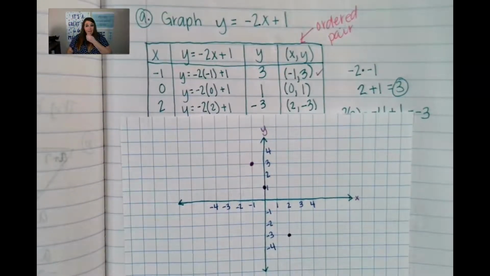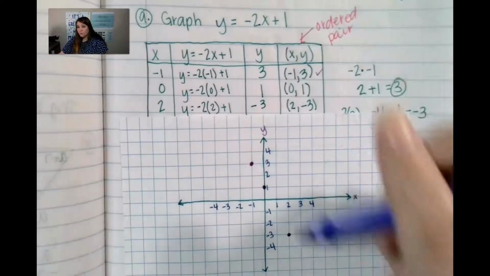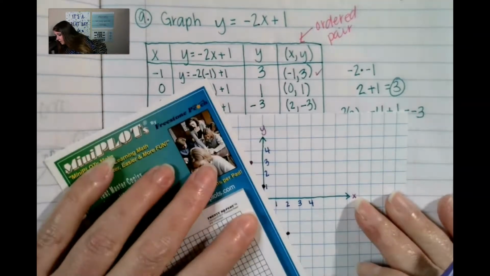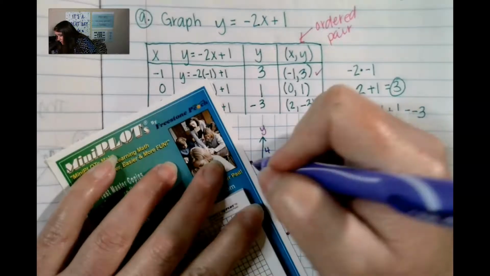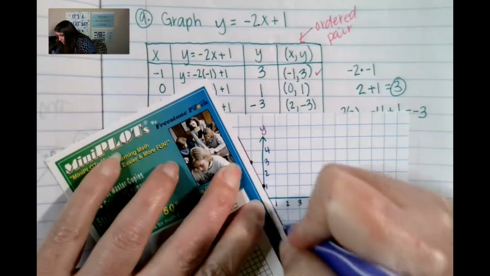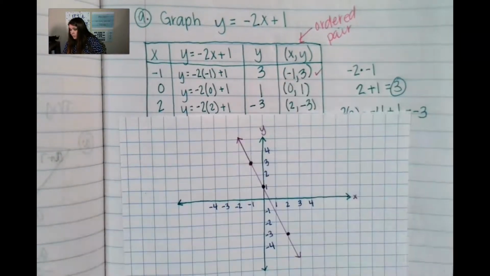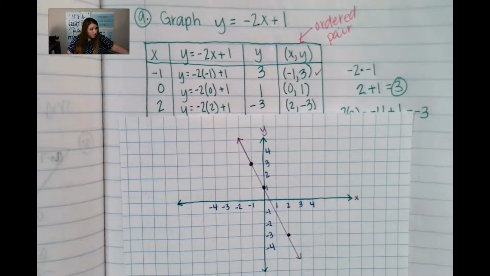So now I have 3 points on my equation, and I can use a ruler, or you can use the edge of something to connect your dots. And if it forms a straight line, you have a linear equation.